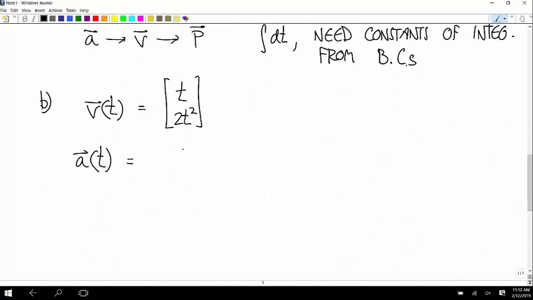So the position is the integral of t dt for the x component, and the integral of 2t squared dt for the y component.